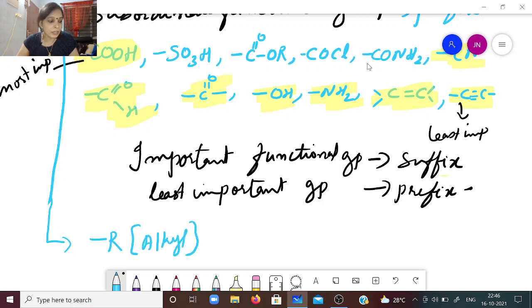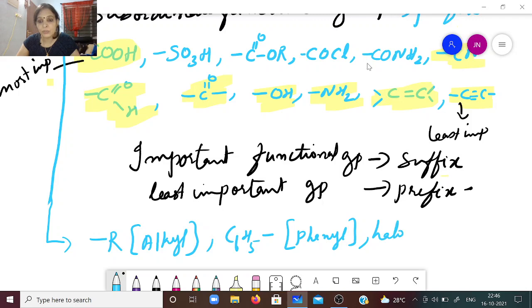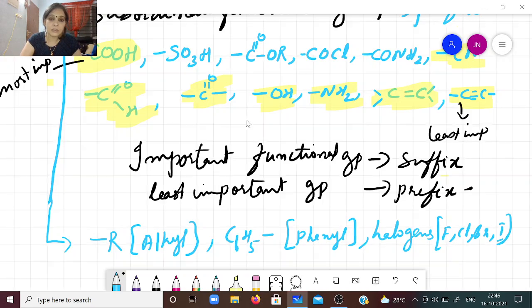Alkyl group. Now, next is C6H5. What is C6H5? C6H5 is phenyl group. Now, halo. What are halogens? Fluorine, chlorine, bromine, iodine. Then after that, alkoxy group.